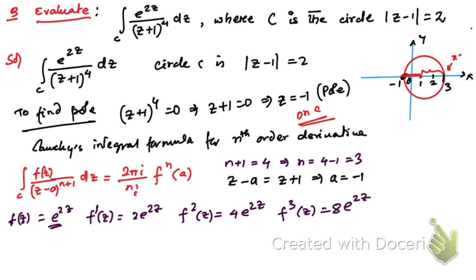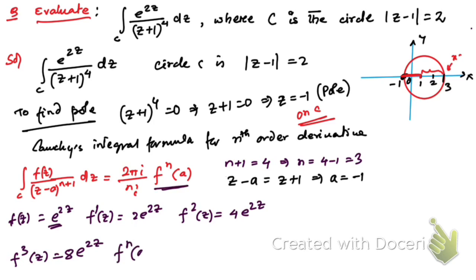So what we have got here, we have got this, right? Now let's find fn a. In this case n is nothing but 3, so the third order derivative, that's why we have to stop here, right? A is nothing but minus 1.